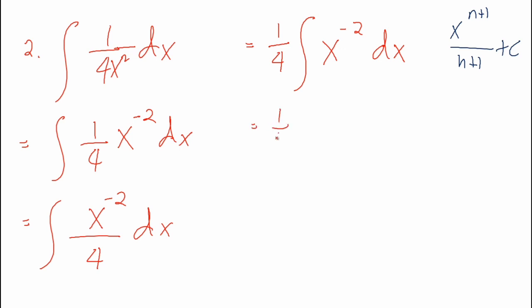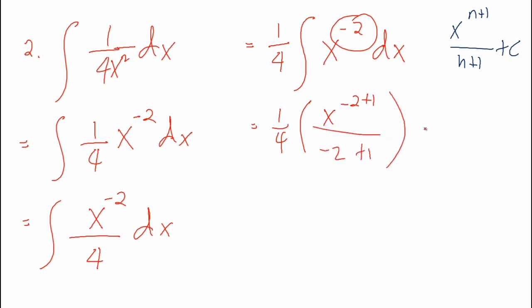Let's write 1/4. The integral of this is x raised to negative 2 plus 1, because negative 2 is our n, over negative 2 plus 1. Then, of course, we put our arbitrary constant c. Now we simplify this function, which will become 1/4.